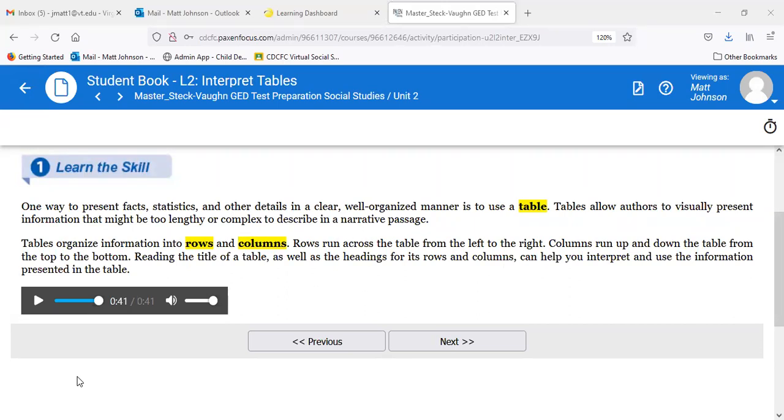So maps are one way. We talk about geographic information, right? That's a perfect way to show geographic information. Tables are great for a variety of numerical information. So population, which we'll see in our examples, or certain economic activities and things like that.